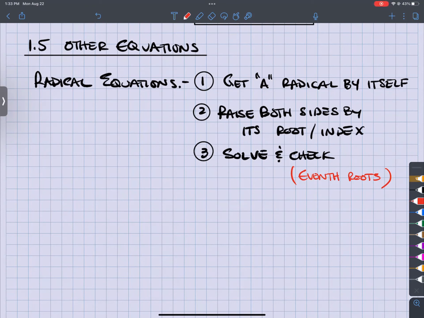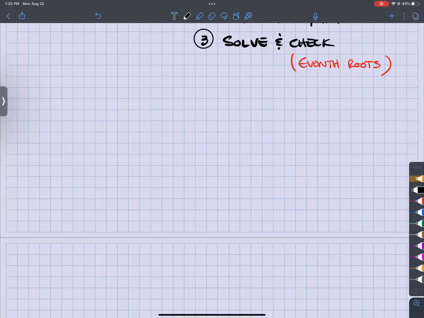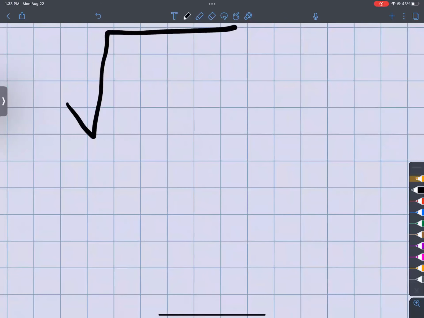What is an even root? So anytime that is a square root, you know how on a radical, if there is no number in the wedge, it's assumed to be a 2, which is a square root.